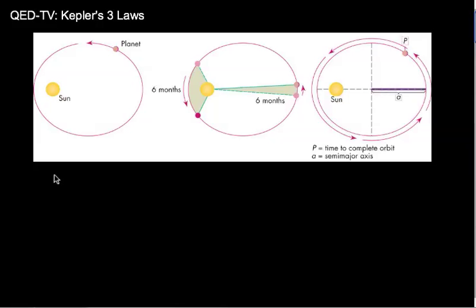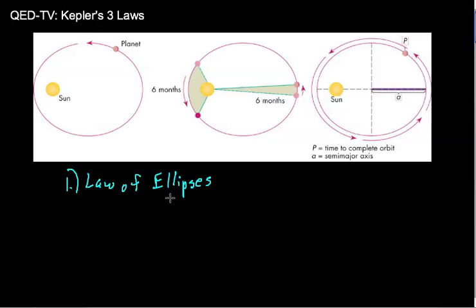The first law of Kepler is called the law of ellipses.